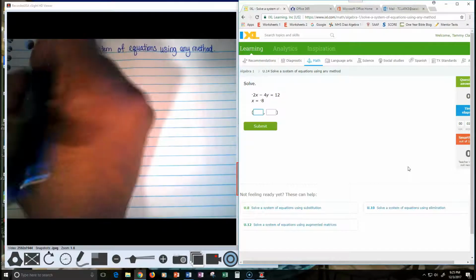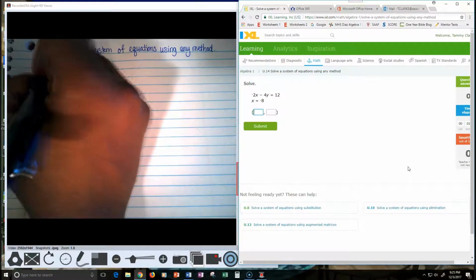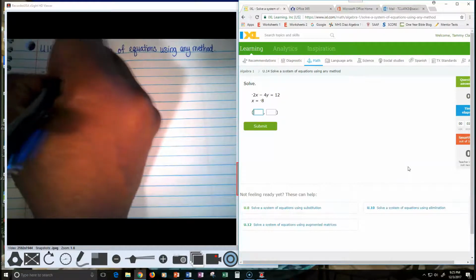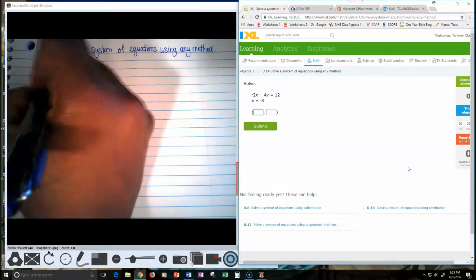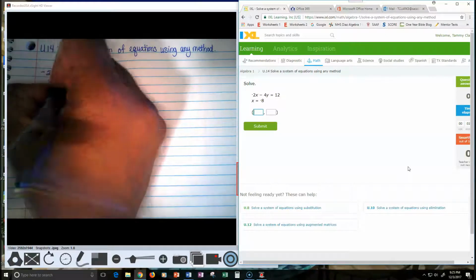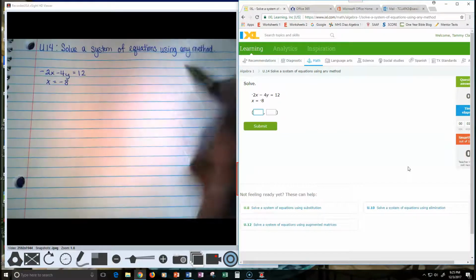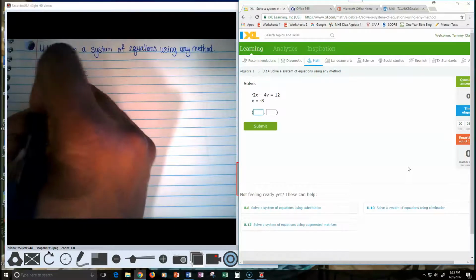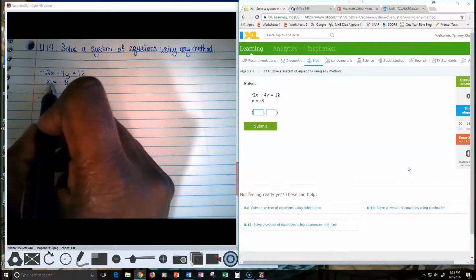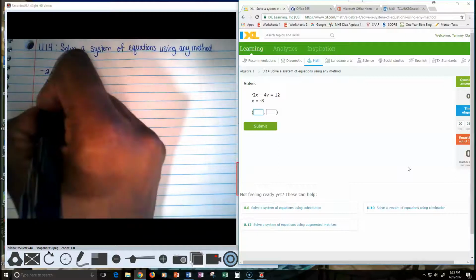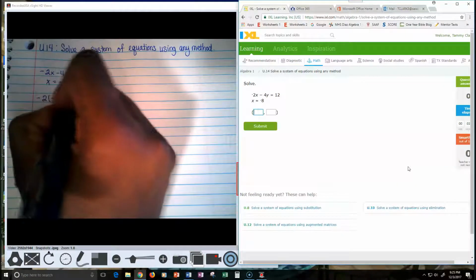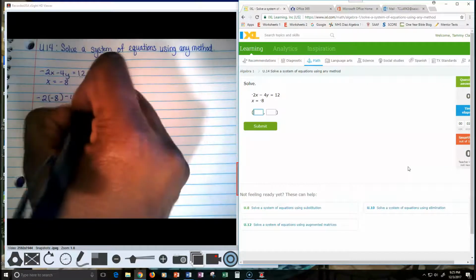So we have here: solve negative 2x minus 4y equals 12, and x is equal to negative 8. Well, automatically, I've already got one variable by itself, so substitution would definitely be the best one for this. So I'm going to substitute negative 8 in for x, minus 4y equals 12.